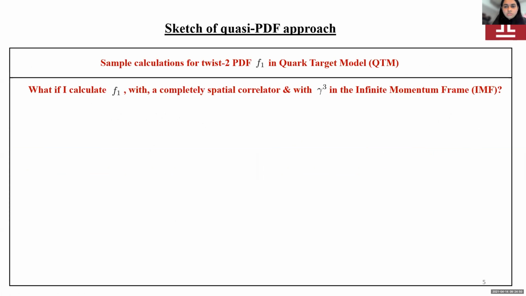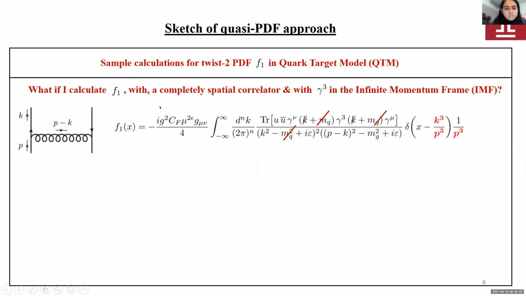Now, before getting into Twist-3 PDFs, let's quickly go over a calculation for f_1 with a spatial correlator and the Dirac structure gamma 3 in the infinite momentum frame. Let's imagine that you want to calculate the contribution of this ladder diagram to f_1. You start with an expression like this. Just follow me. Let's not go into the nuts and bolts of this equation.